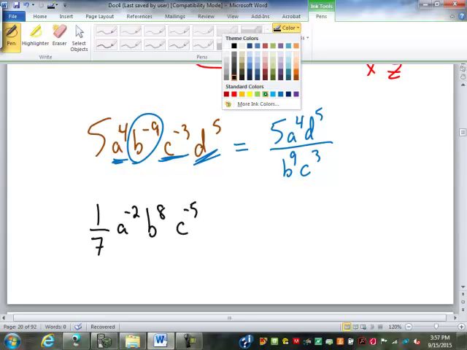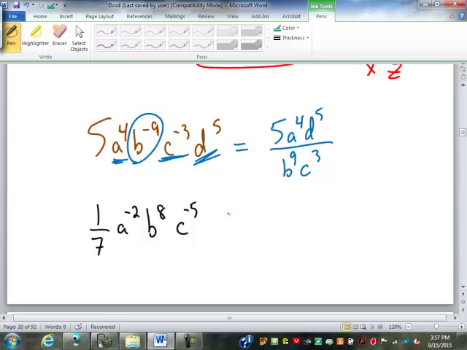Something like this. Now the 1/7 is already a fraction. I'm going to write it like that. A to the negative 2, where's that going to go? It's a negative power, so it's going on bottom. It's going to be a to the 2. B to the 8th is going to go on top. Now I'm going to replace the 1 with just b to the 8th.